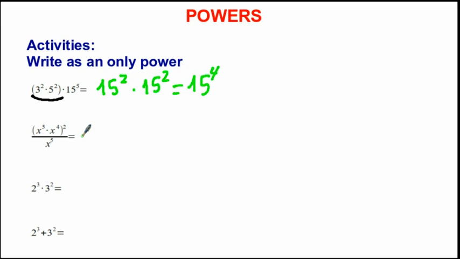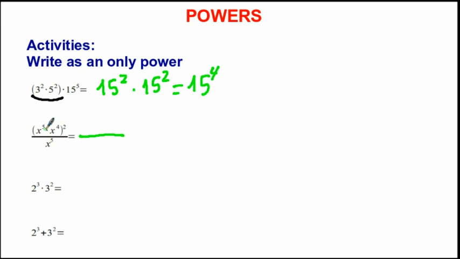In the second case, let's do the numerator first and the denominator later. Don't think it's a fraction. Think that it's a division, because we have this divided by x to the power 5.